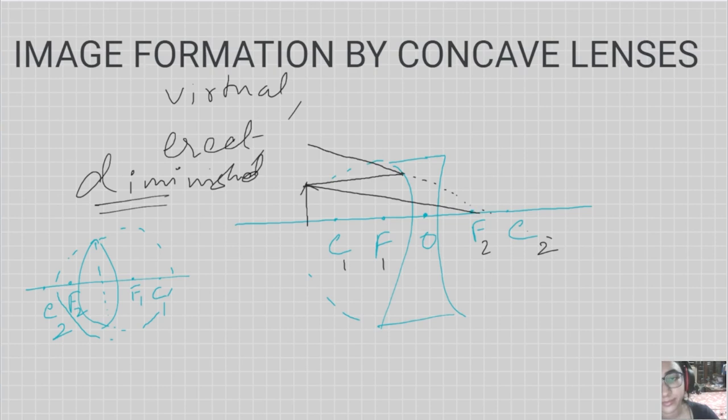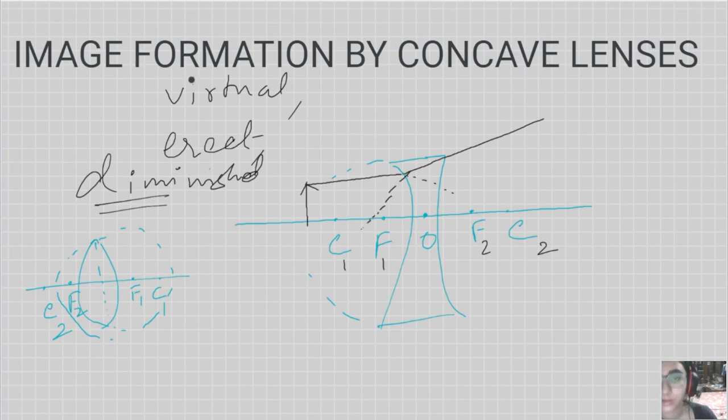Since it's diverging, it will be extended somewhere like this.